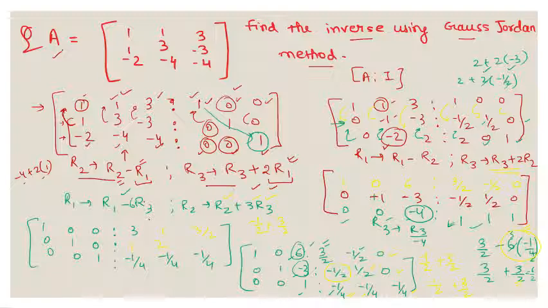Here 0, which is your R2 plus 3R3, so 3 by 2 only, right? Now, because on the left hand side you have got your identity matrix, this should be your inverse. So your inverse elements are 3, 1, 3 by 2, 1, 2, 3 by 2. This is 1, right? And minus 1 by 4, minus 1 by 4, and minus 1 by 4.